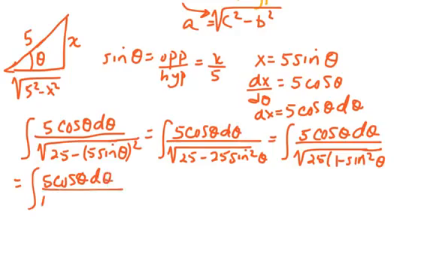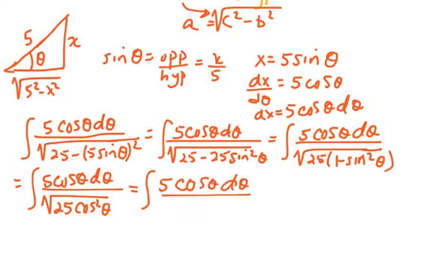I'll replace that with the root of 25 cosine squared theta, and of course that's just 5 cosine theta in the denominator now, which luckily for us is going to cancel out. We're left with the basic of all integrals, the integral d theta, which is simply theta.